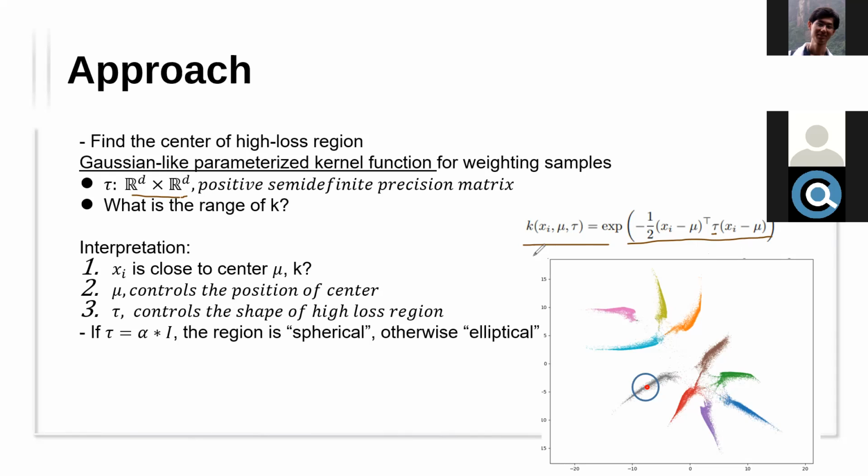How can tau represent the shape? For example, if tau is an identity matrix, then the shape of the region is a sphere. And if tau is not an identity matrix, then the shape might be elliptical.